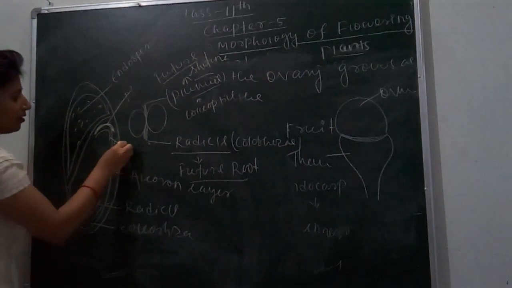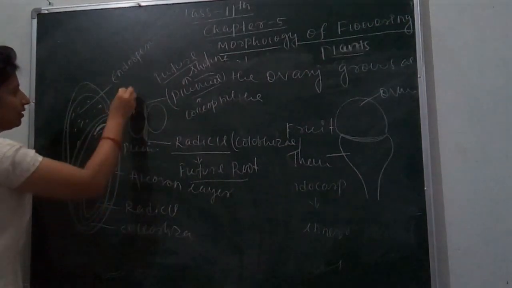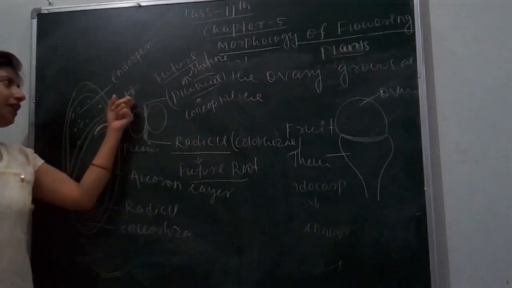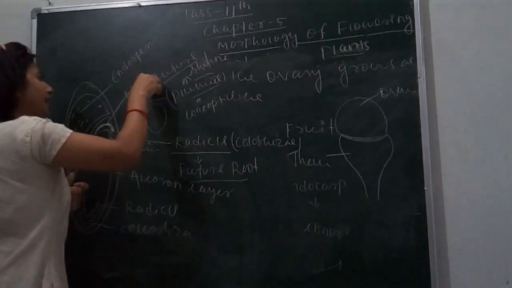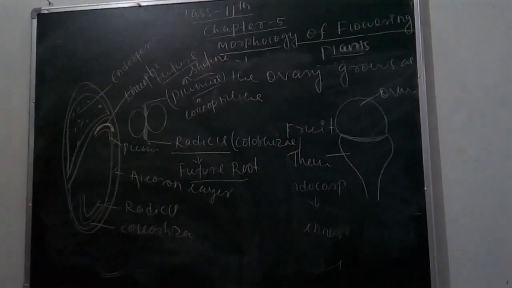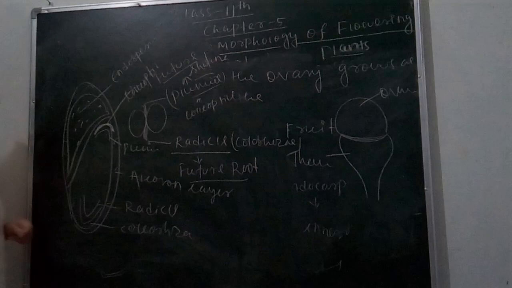Inside the seed, the plumule is protected by the coleoptile and the root is protected by the coleorhiza. Is that clear, students? So this is a monocot seed and this is a dicot seed.